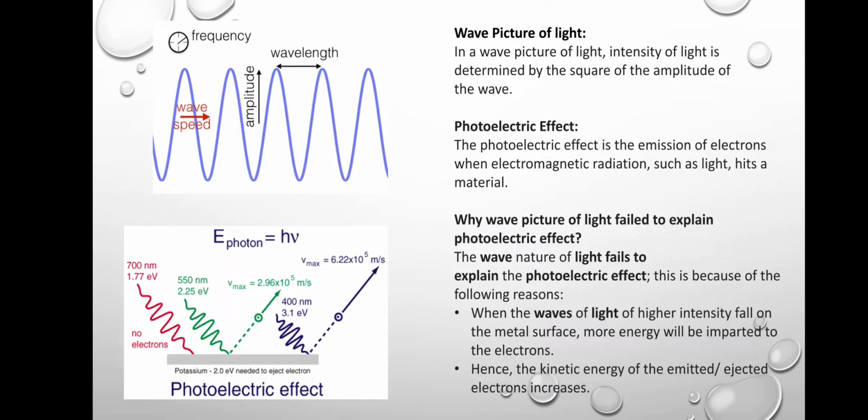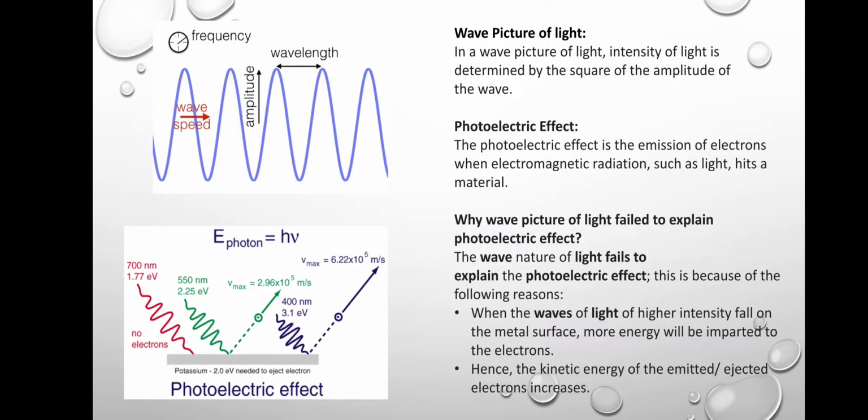But does wave theory explain the photoelectric effect? The photoelectric effect means the emission of electrons when electromagnetic radiation such as light hits a material, right? So that is nothing but the photoelectric effect.